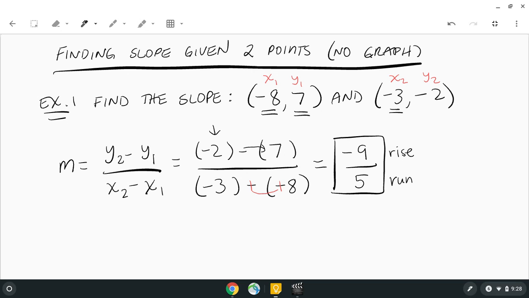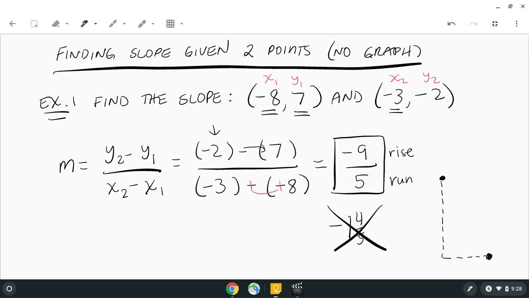We want to know what our rise is and what our run is, so that if we know a point, and we know the slope is -9/5, then I would go 1, 2, 3, 4, 5, 6, 7, 8, 9, and then I would run 5. 1, 2, 3, 4, 5, and that's where my other point would be. So keep it as -9/5. Don't write it as -1 and 4/5, because then it's hard to see what the rise is.